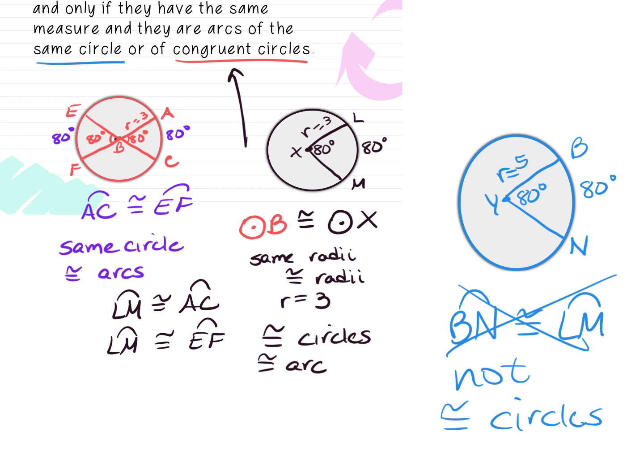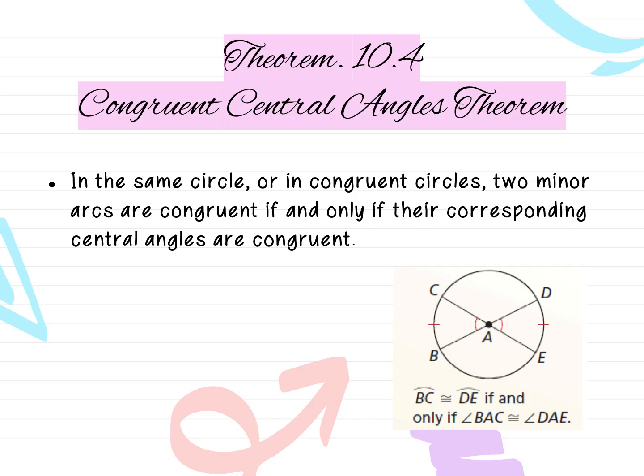All right, next, another theorem. It's called the congruent central angles theorem. And this one states that in the same circle or in congruent circles, two minor arcs are congruent if and only if their corresponding central angles are congruent.